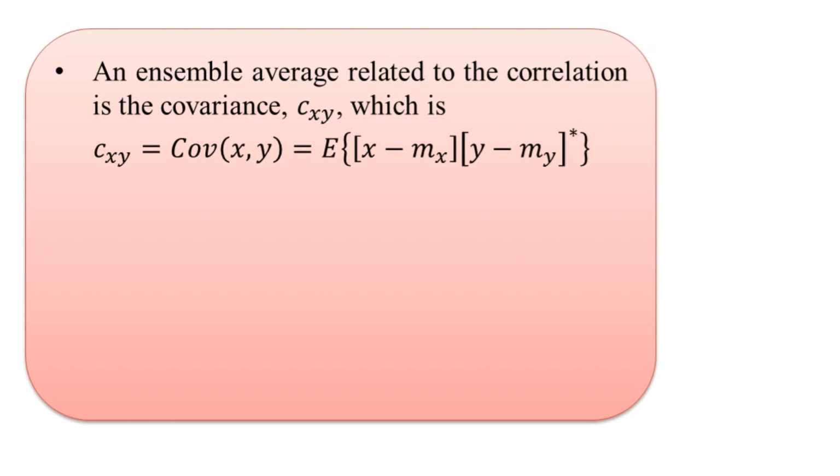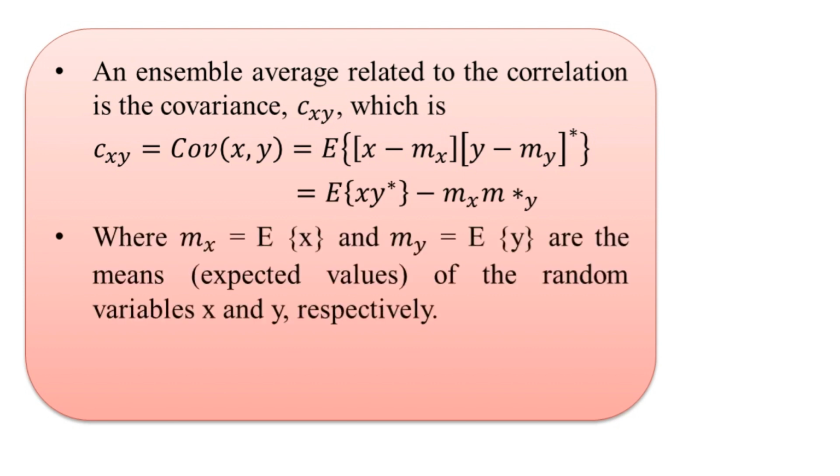Instead, it is of the difference of x with mx, and y with my, with the complex conjugate taken for the second bracket. So what are these small m suffix x and small m suffix y?